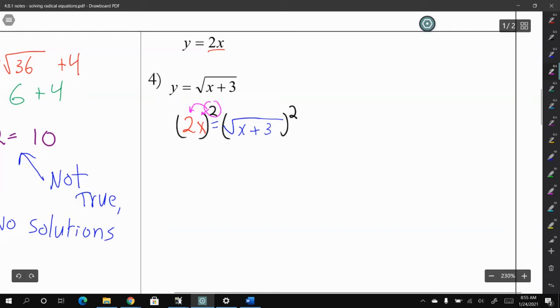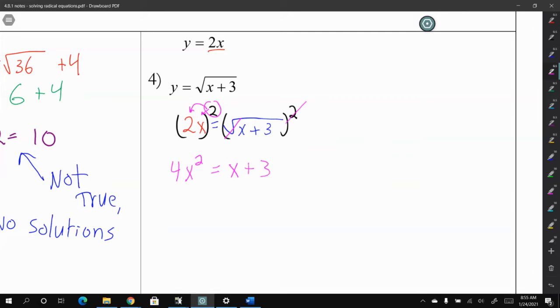So 2 squared is 4. So we have 4x squared is equal to, these cancel, so you're left with x plus 3.